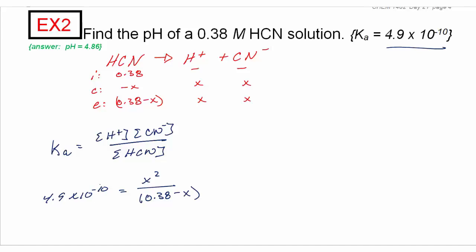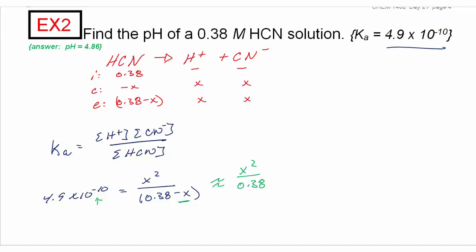I have 10 to the negative 10, so that's definitely smaller than 10 to the negative 4, so I can drop that minus x. So this is approximately x squared all over 0.38.